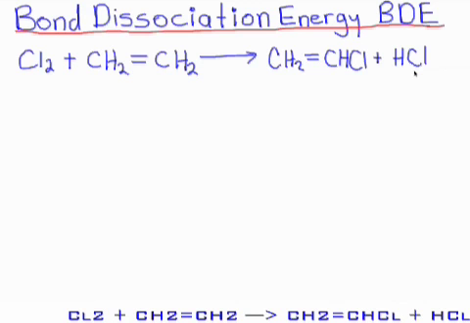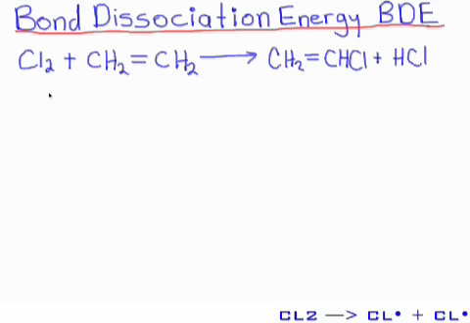Now, to take Cl2 and react it with the molecule ethylene, CH2 double bond CH2, in order to produce the products, the first things we must do is clearly break the Cl-Cl bond and break one of the CH bonds off the ethylene.